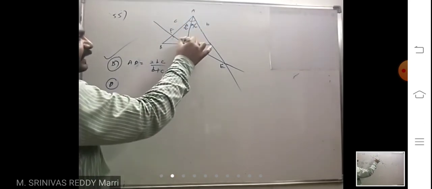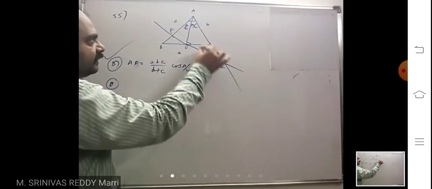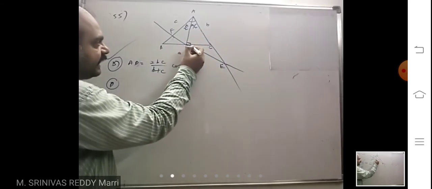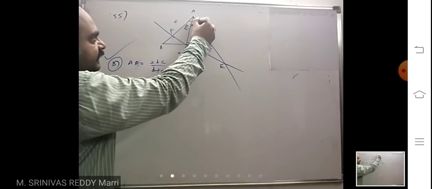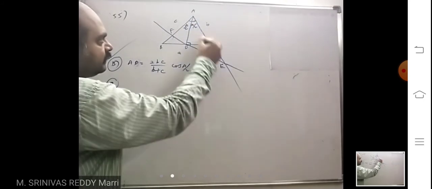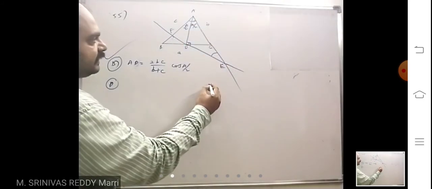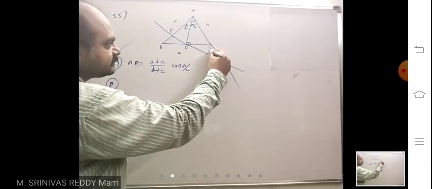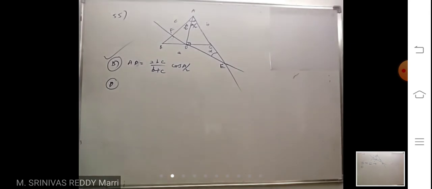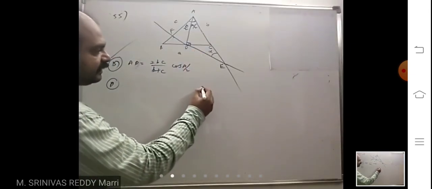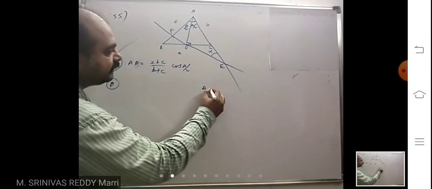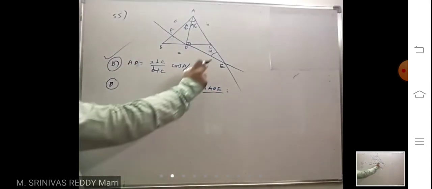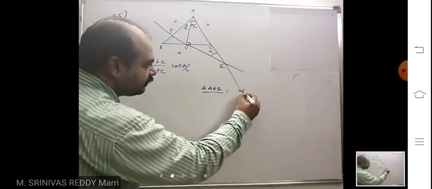Now look at triangle ADE. This angle is 90, this angle is A by 2. Let us say this angle is alpha. In triangle ADE, I want to calculate this angle.